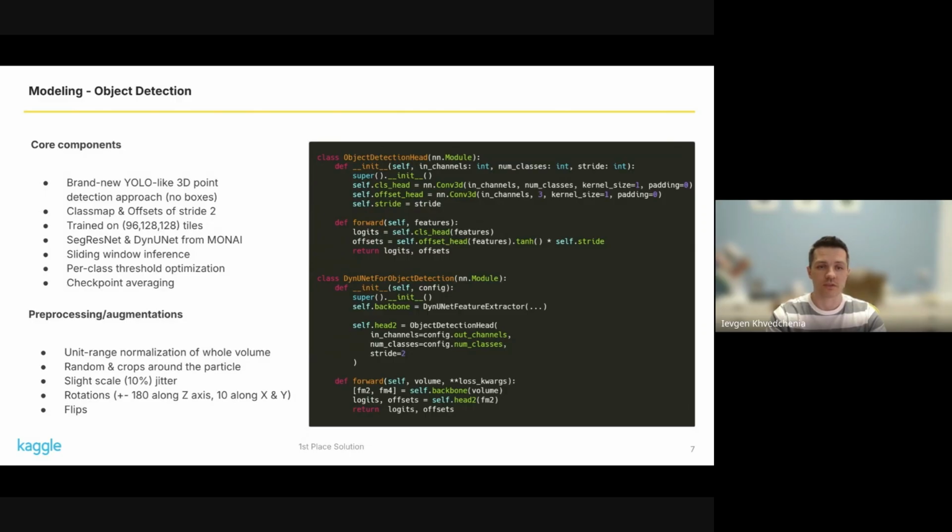And for the stride, I use a stride of 2, meaning that my prediction class map is 2 times smaller than the input, which aligns with Christoph's segmentation models, which eventually makes it way easier for us to blend our predictions.